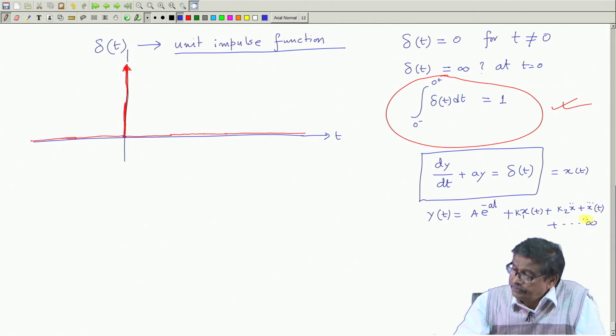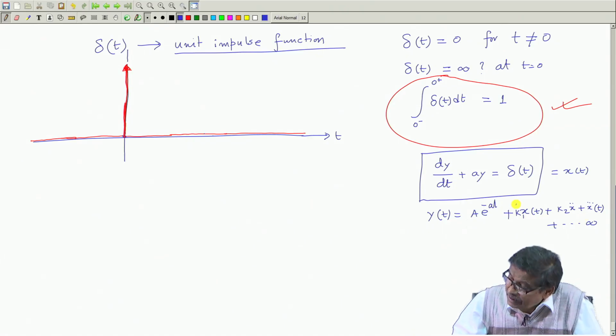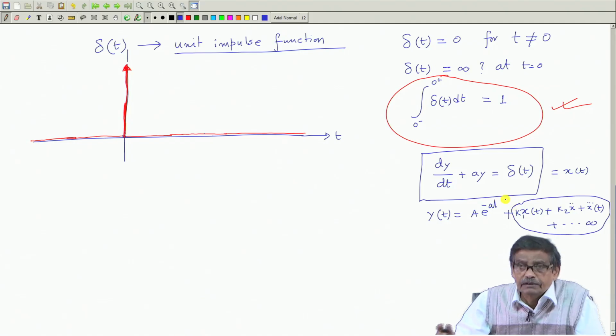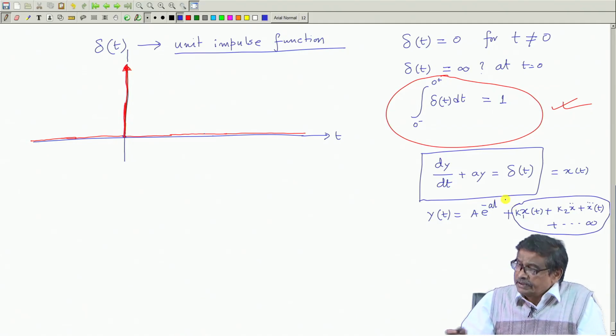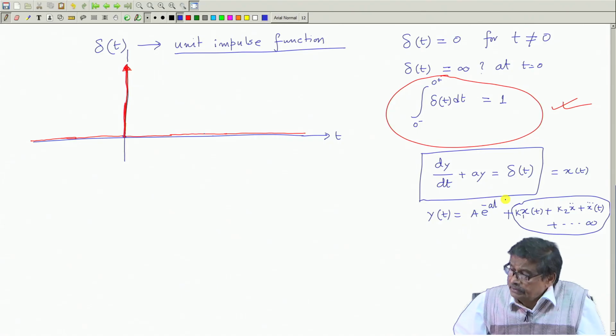But in this case it will not be like that. So, this part is applicable only to reasonable functions whose derivative exists at different values of time, because it is a linear combination of the function and its higher order derivatives.